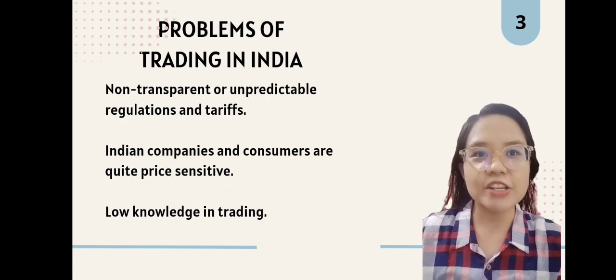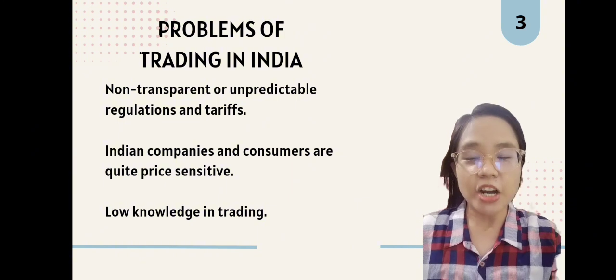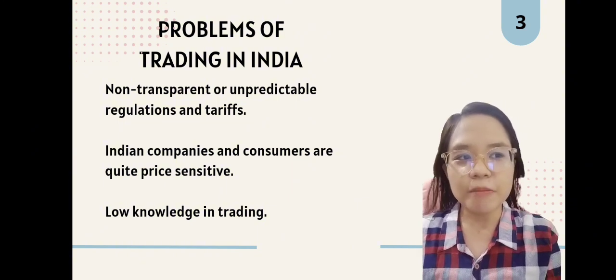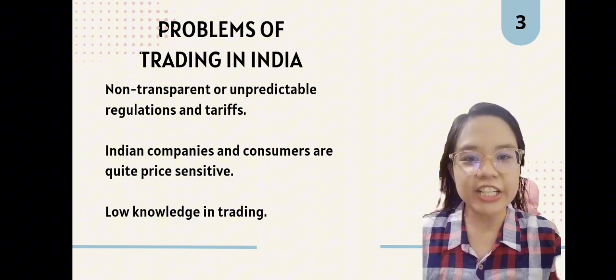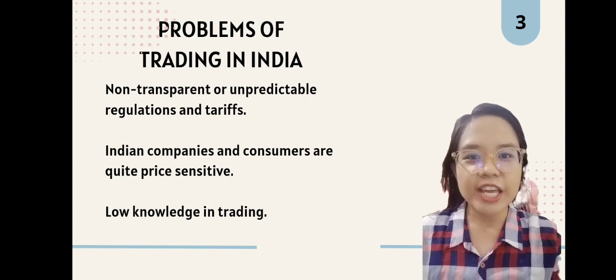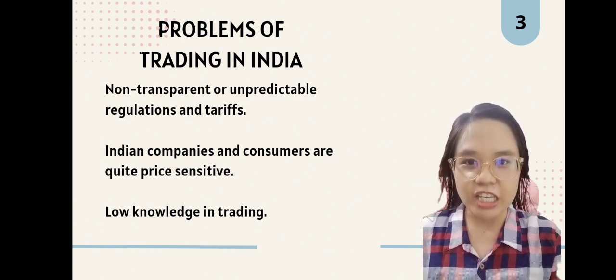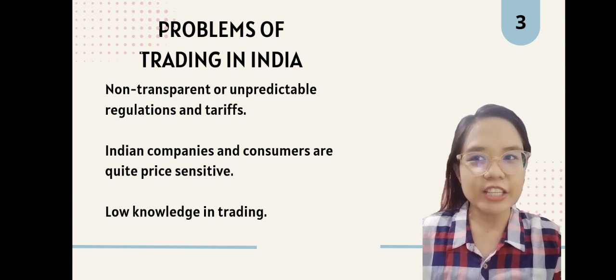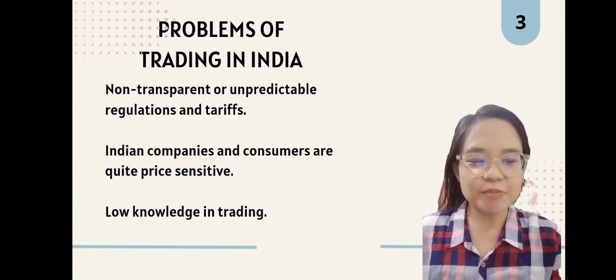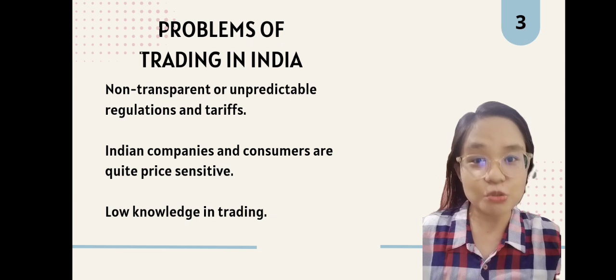Our topic is all about Little-Mirrlees approach, which we will talk about why Mirrlees and Little discovered this approach and why India is using it. We all know that India has many problems when it comes to trading.